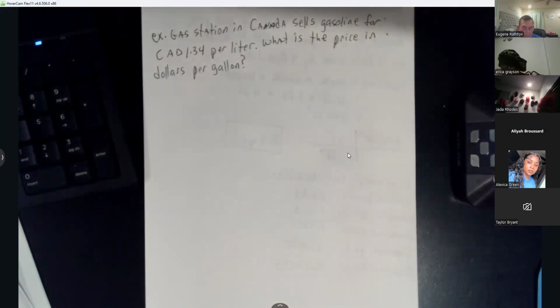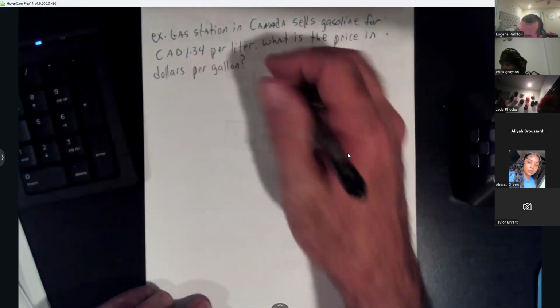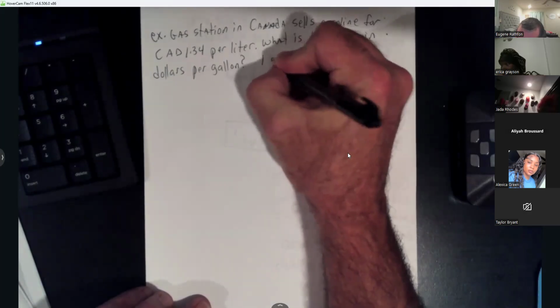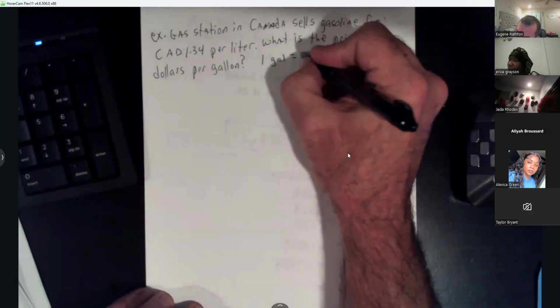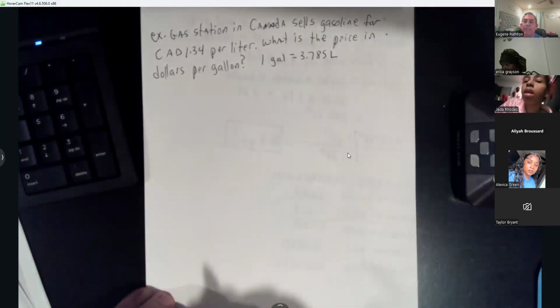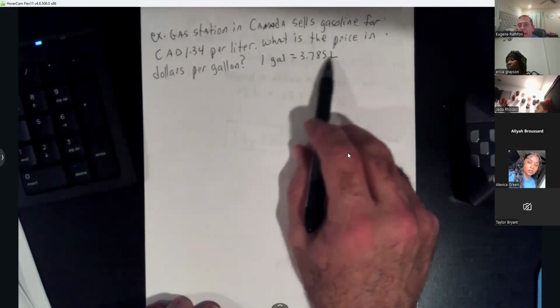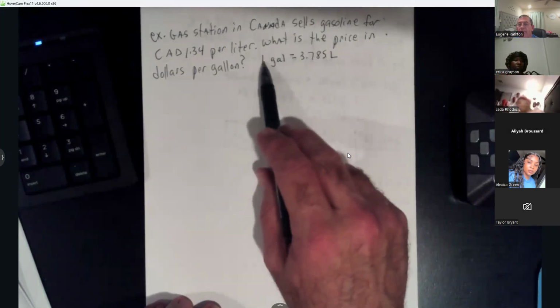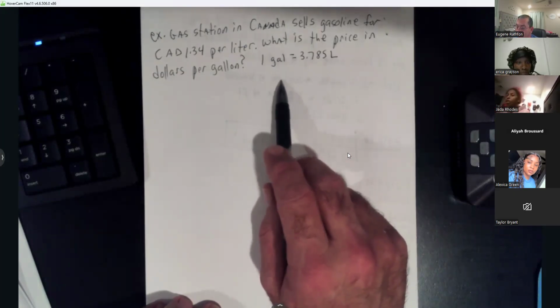And then the conversion for liters to gallons, 1 gallon equals 3.785 liters. And y'all, this will be on that sheet I got in Blackboard under week 3, the unit conversion.